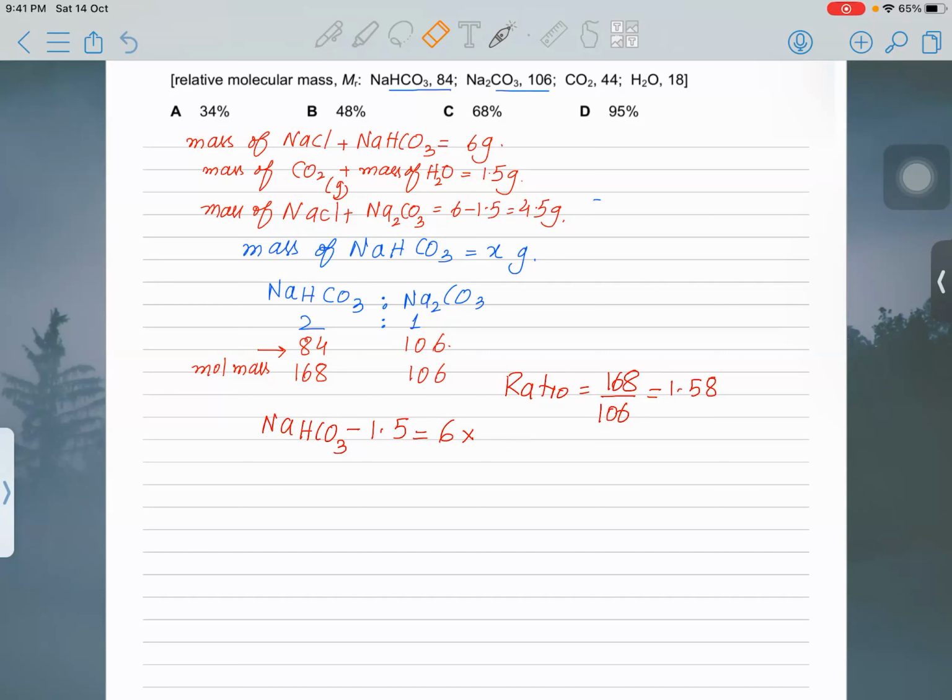I will repeat again and again. So the ratio is 1.585. Can you repeat the answer? Sir, 1.585.